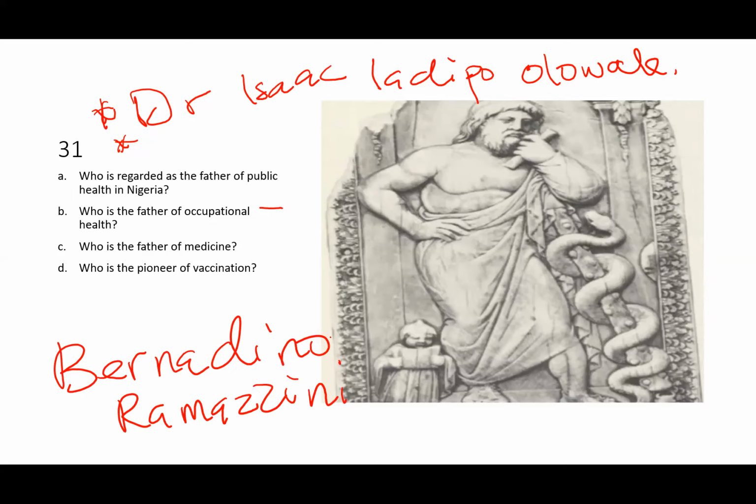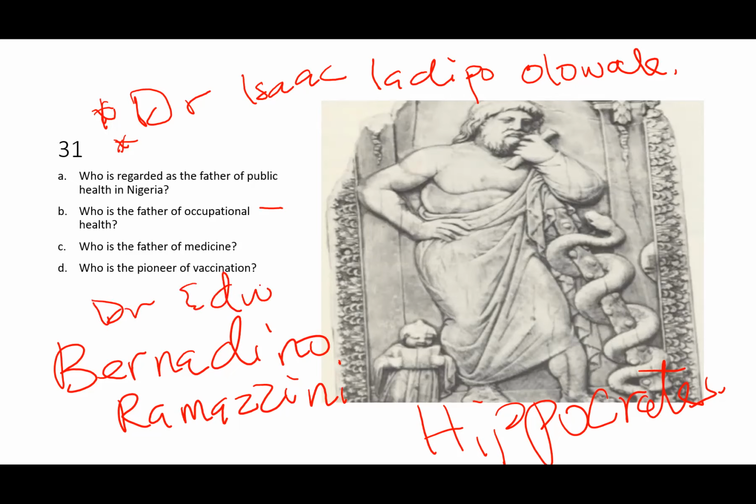I know everybody knows this. The father of medicine is Hippocrates. You'll soon be taking your Hippocratic oath, inshallah. You can see him here. Then who is the pioneer of vaccination? It is Dr. Edward Jenner.